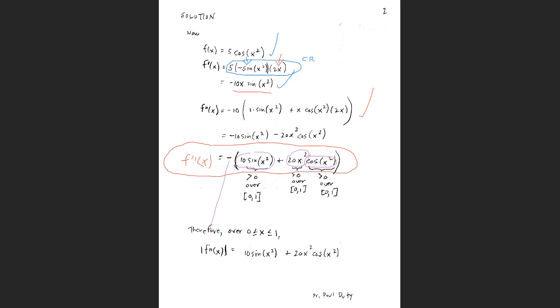I still have that negative, but the absolute value of that second derivative is just going to equal 10 times the sine of x squared plus 20x squared cosine of x squared. Because when I take the absolute value of my second derivative, that removes the negative sign, makes it positive.